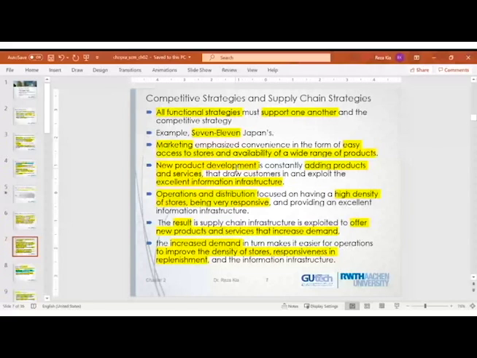So you see that the marketing strategy, new product development strategy, and operation and distribution strategy are providing a kind of competitive advantage.